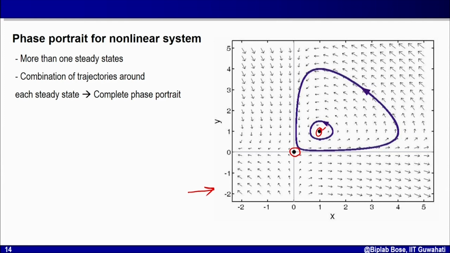For this first steady state here, I have a center type phase portrait where the arrows are all moving in closed paths around the steady state, whereas for the other steady state, which is at 0, 0, it is a saddle type, so the arrows are moving away. And the total phase portrait is a combination of these two phase portraits.